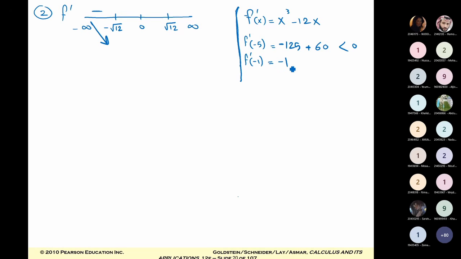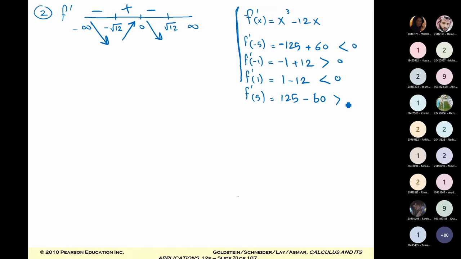So we have negative 1 plus 12, so this is positive. F prime at 1 equals 1 minus 12, negative. Substitute 5, we have 125 minus 60, so this is also positive. Okay.